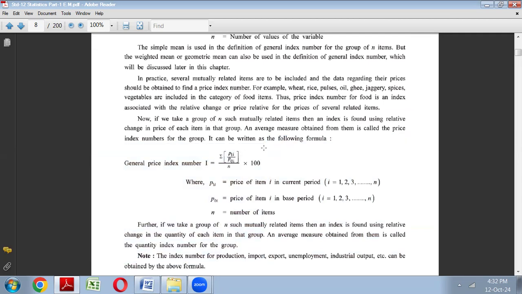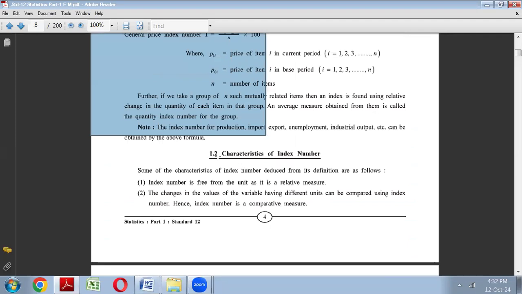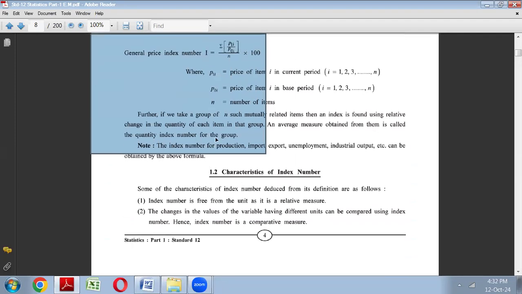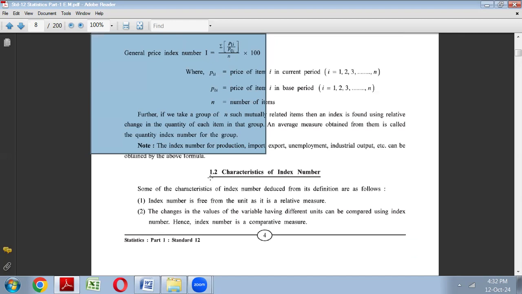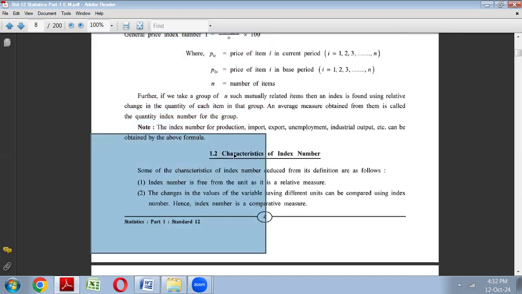Based on this formula, we will see afterwards how to calculate the index number. But just look at the formula so that we will be able to understand the characteristics of index number. It is sigma P1 upon P0, ignore this I, sigma P1 upon P0 upon N into 100. Now, look at the characteristics of index number.